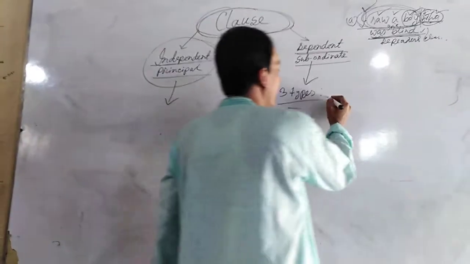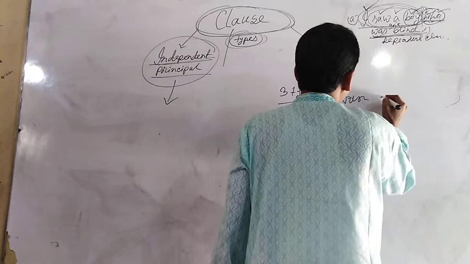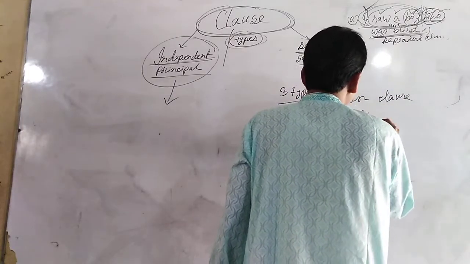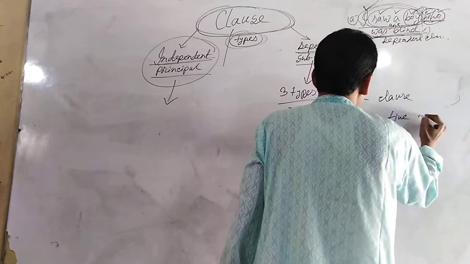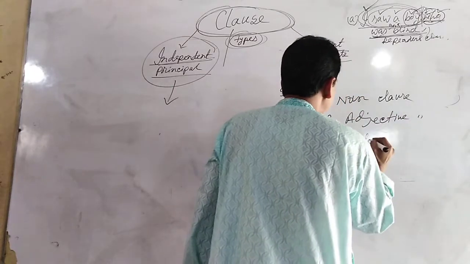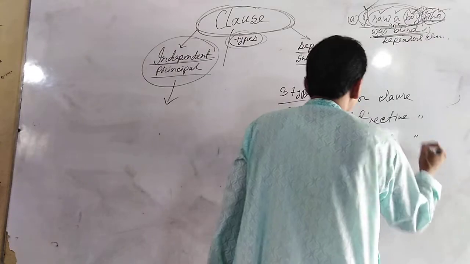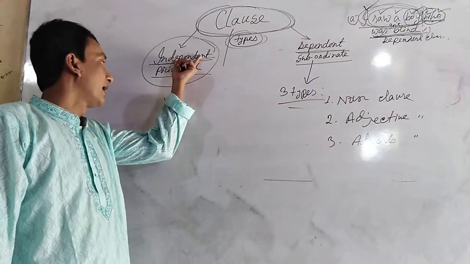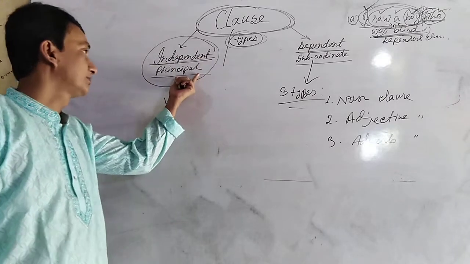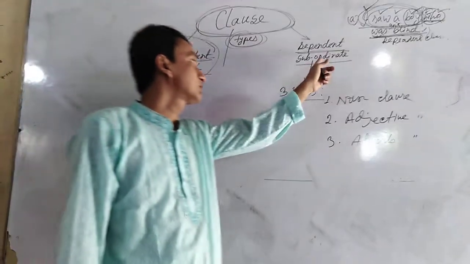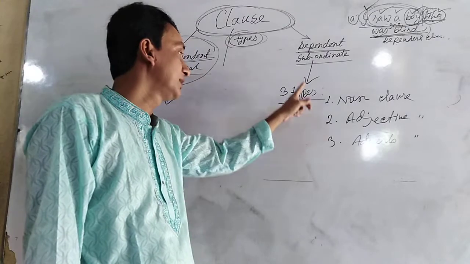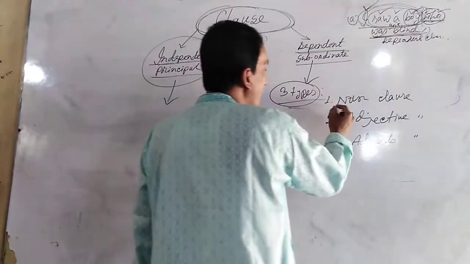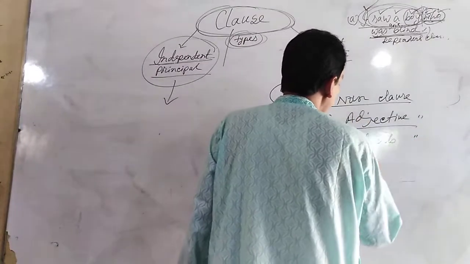These are noun clause, adjective clause, adverb clause. Independent clause has no other categories, but dependent clause or subordinate clause, according to function in a sentence, is divided into three types: noun clause, adjective clause, or adverb clause.